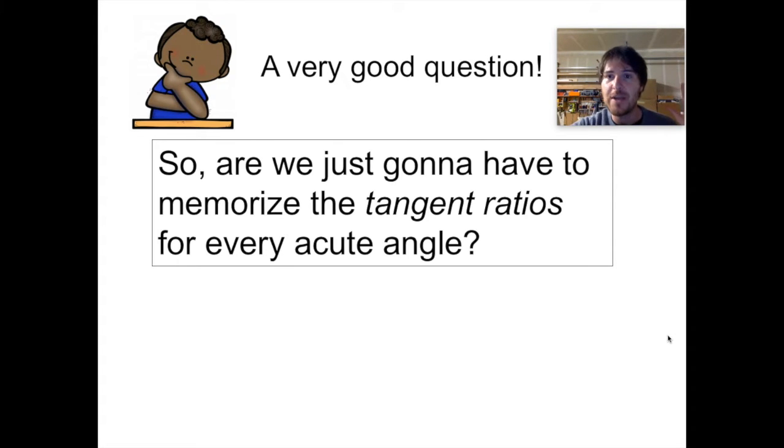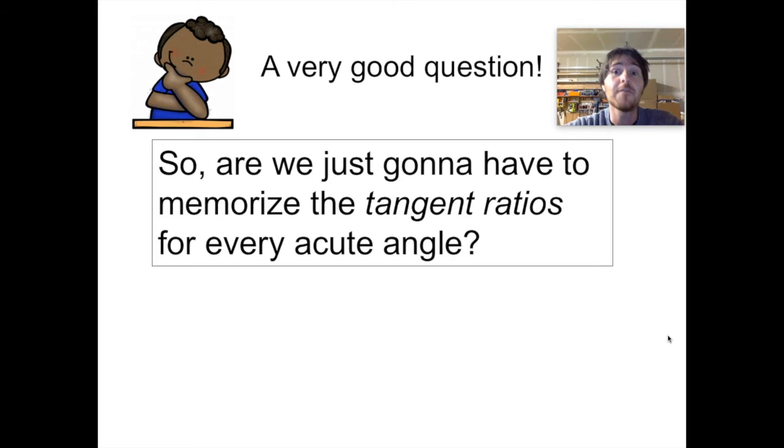But all the other tangent ratios, remember, every acute angle has a unique tangent ratio. So how many angles are there between 0 and 90, if we're talking acute angles here? Well, there's actually infinitely many, right? Because you can have 44.2 degrees, 44.7 degrees, 41 degrees, 30 degrees, 33 degrees. There are tons of angles here.